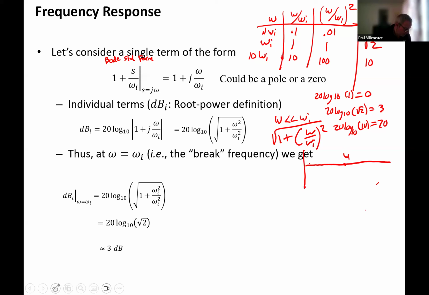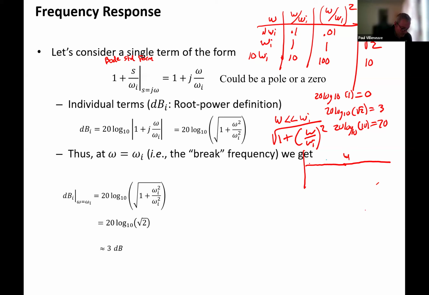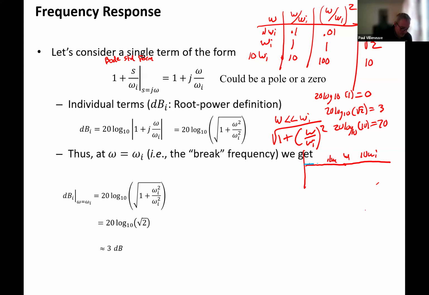So let's change the color here. Hopefully you can see it. So 0.1 omega sub I and 10 omega sub I. This is basically 0, or approximately equal to 0. And then between 0.1 and 1 omega sub I, the worst case that I get is 3 dB.